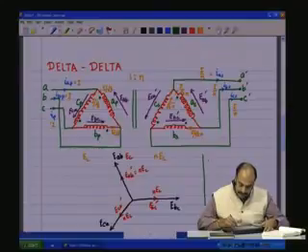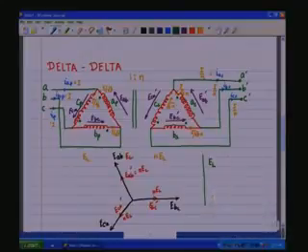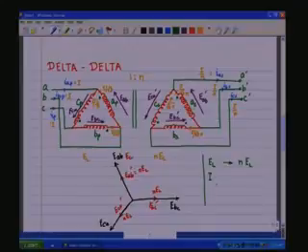If you apply a voltage of EL, the voltage on the secondary side, at the terminals, would be N times EL, and if the primary line current is I, then the line current on the secondary terminals is I by N. This is for the delta delta.